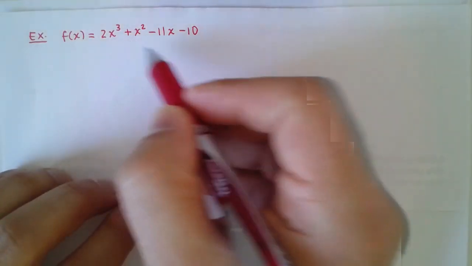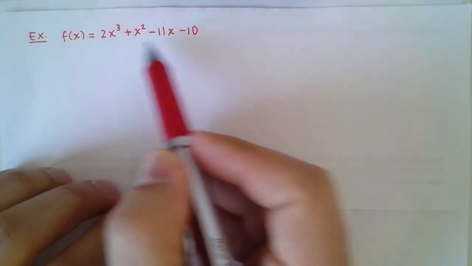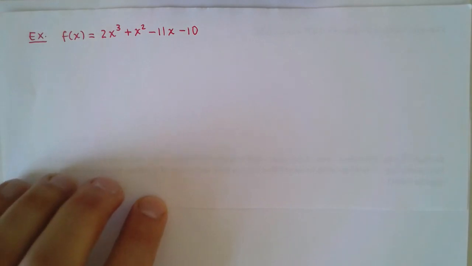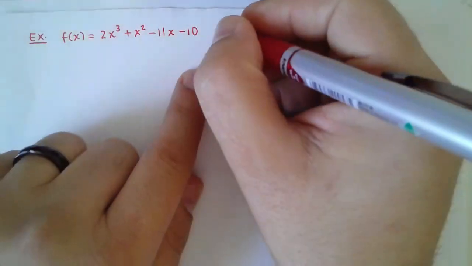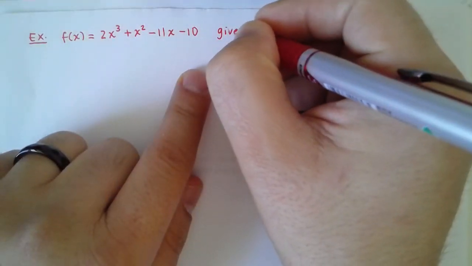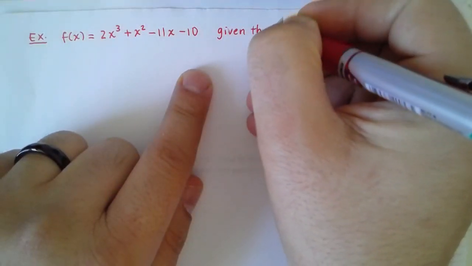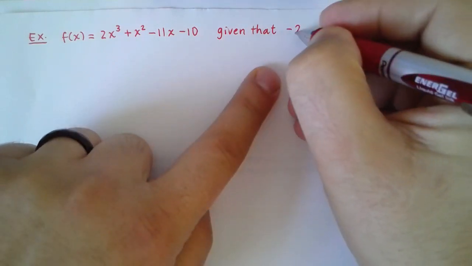Now, factor by grouping doesn't work. You can see that if you group them 2 by 2, there's no connection with the coefficients 2 and 1 and negative 11 and negative 10. But there's an extra in this problem. We're given that negative 2 is a 0.